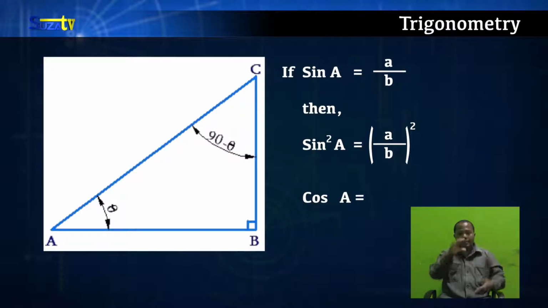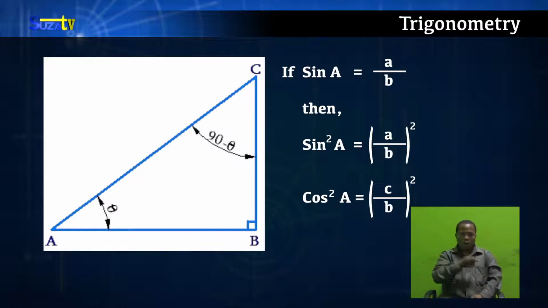What about cos squared A? Yes, try it, Fatma. Oh, wonderful. Cos squared A is equal to c over b, the whole thing squared.